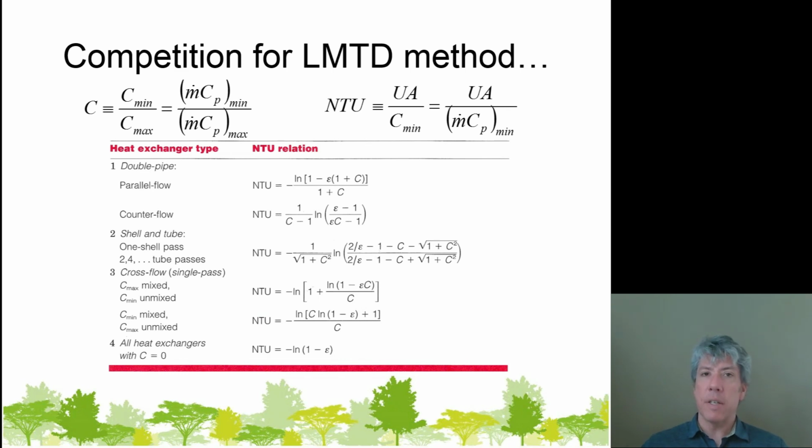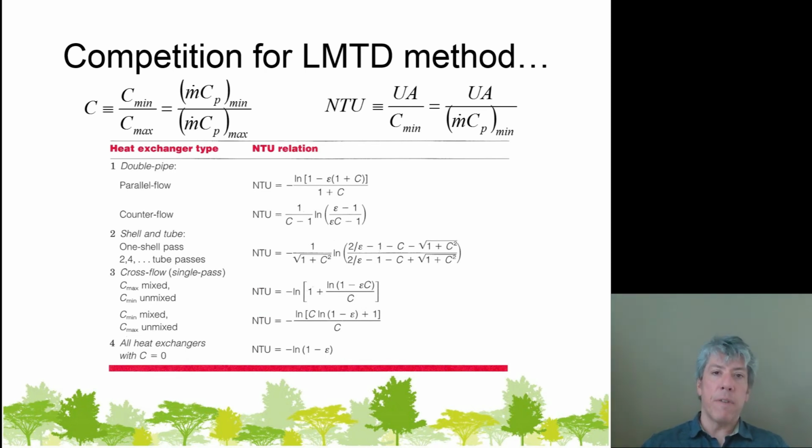So getting Q dot max is easy. Now getting the actual heat transfer rate over Q dot max is easy, and now you've got effectiveness, right? Because you just take the ratio of those two. That is effectiveness. So if you've got C, the capacity ratio, and you've got effectiveness, you can plug those into the equations, basically the inverse of the equations I just showed you, and calculate the number of transfer units, which gives you the UA product, which is exactly what the log mean temperature difference method gave you before.